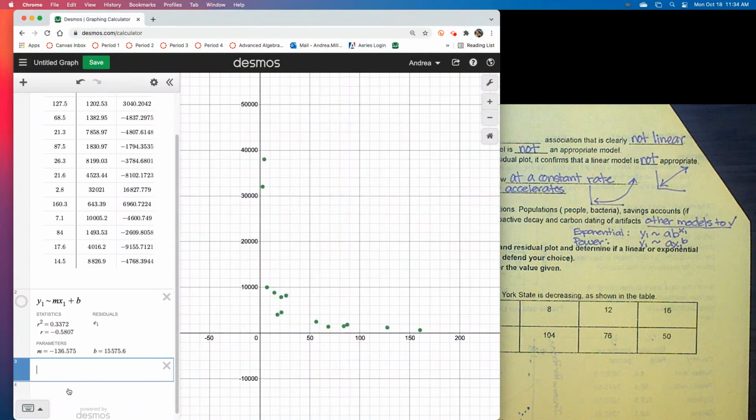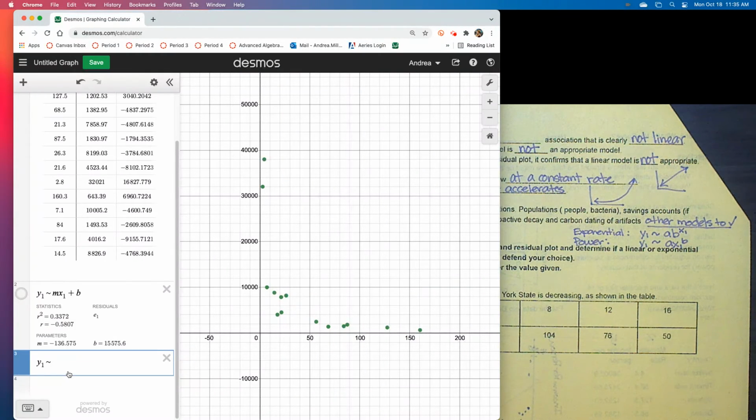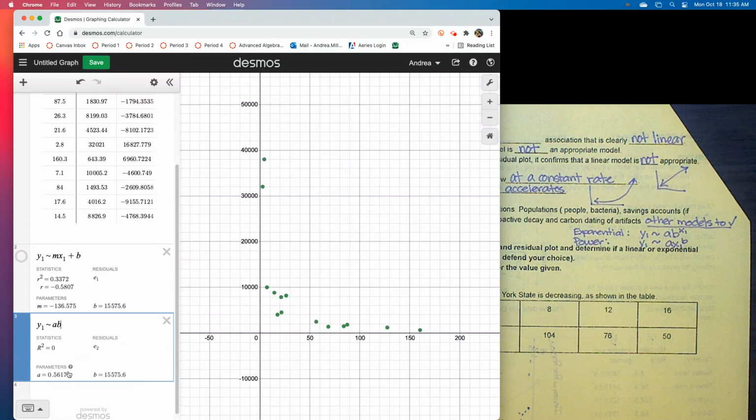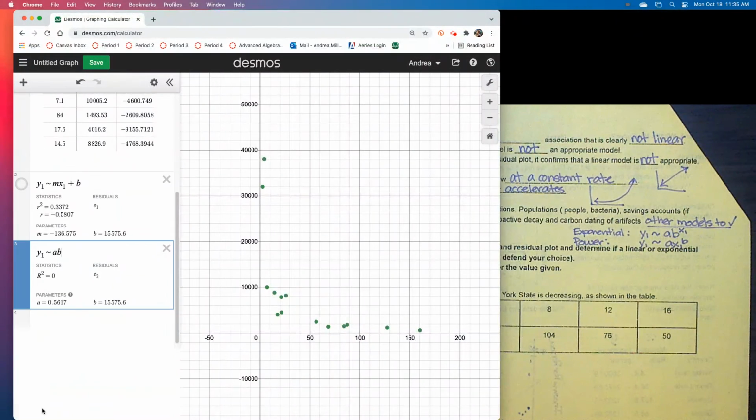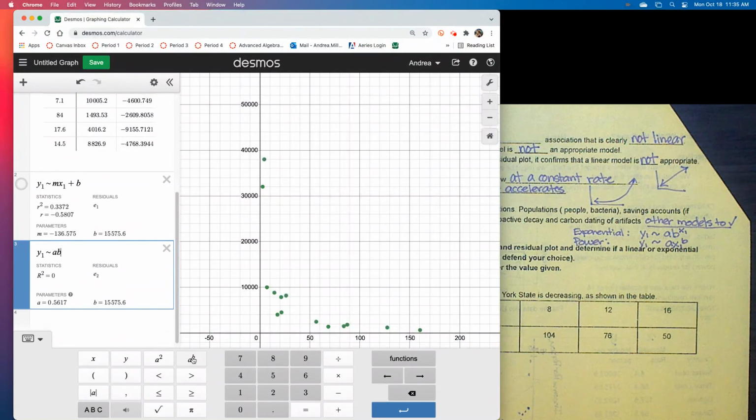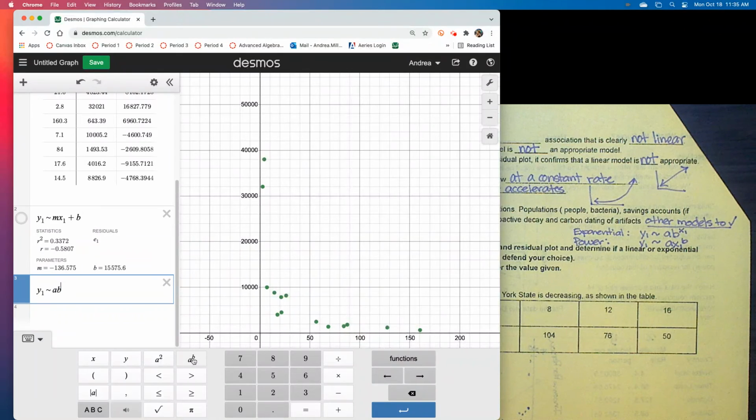Down here on the third row, we're going to type in the exponential model: Y1 tilde A B. You know how to do the exponent in Desmos? You can click on the keyboard, and this A to the B button will give you the exponent up in the exponent place, so x1.